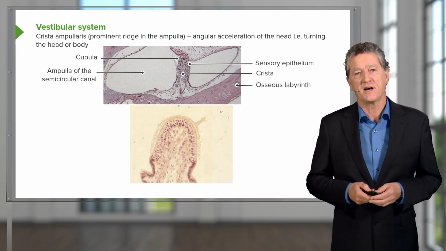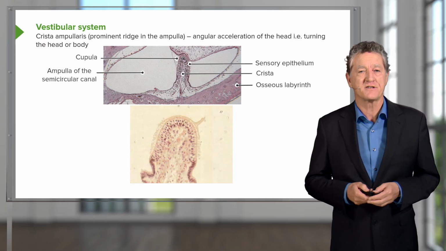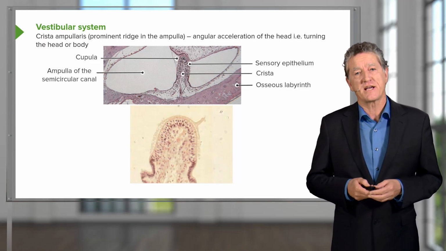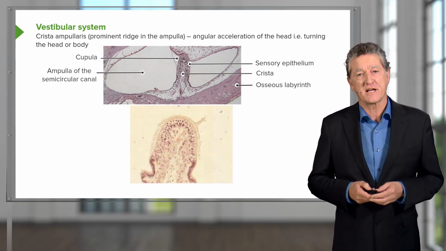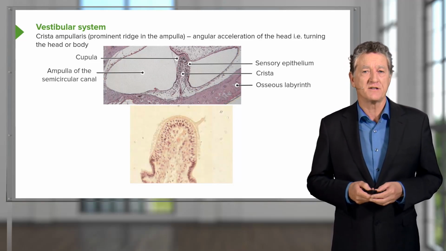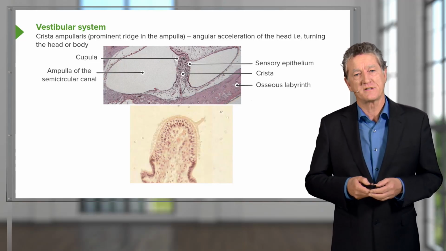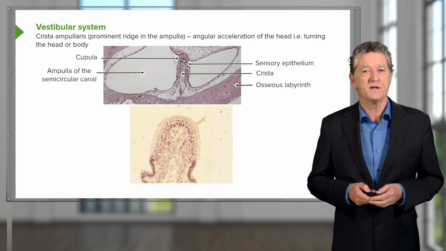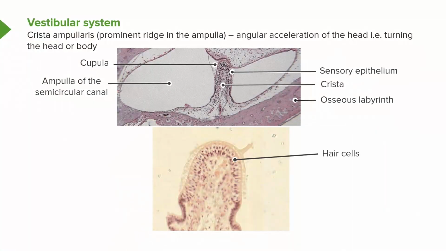Hard to see in this diagram and also hard to see in the section below that I'll show you in a moment, because getting good, fixed, preserved sections of this part of the ear is very difficult because this is embedded in the temporal bone in the head, as you would know. On the lower image, you can see hair cells. These are sitting on the surface of the crista, or the projection into the endolymph.